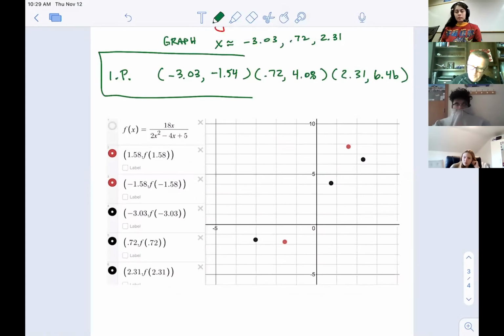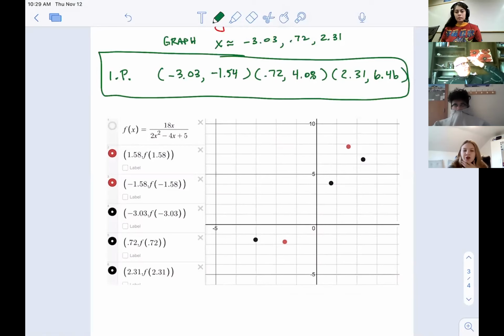So armed with these 5 ordered pairs. Actually, your y coordinate for your second equation was 4.11 approximately. I have a more accurate answer sitting in my notes, so I'll put what you said. I used 0.716 when I plugged it into my notes, so my answer is a little bit more accurate, but right around there.